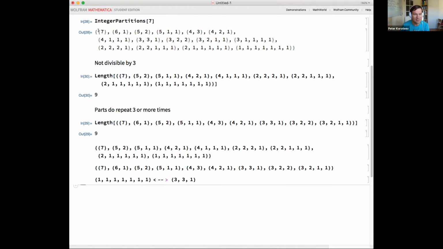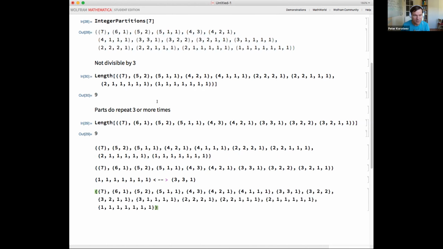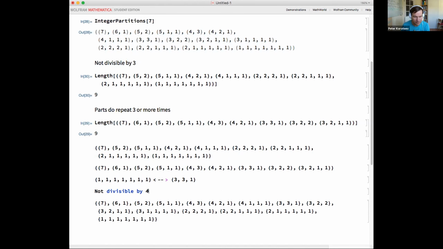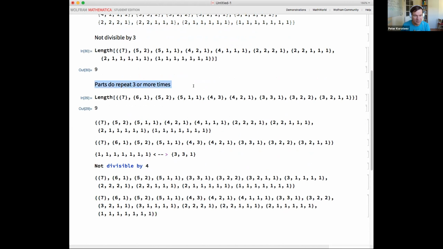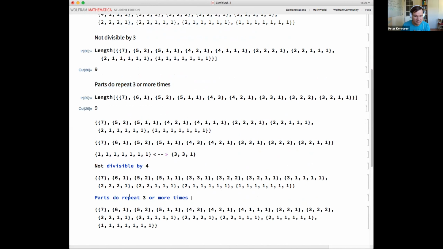We'll also take 7. So take these numbers. First we take those not divisible by 4. Which of them are not divisible by 4? These 4 aren't. So this is divisible. Take this out, and that's it. Then, those where parts do not repeat 4 or more times.